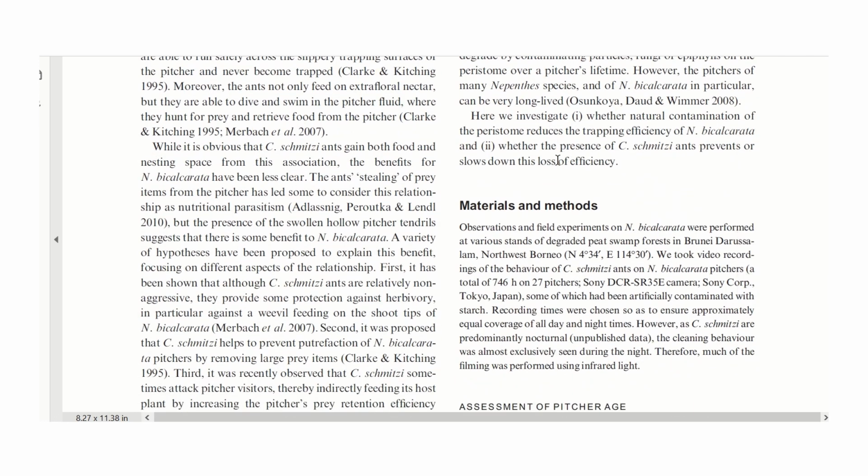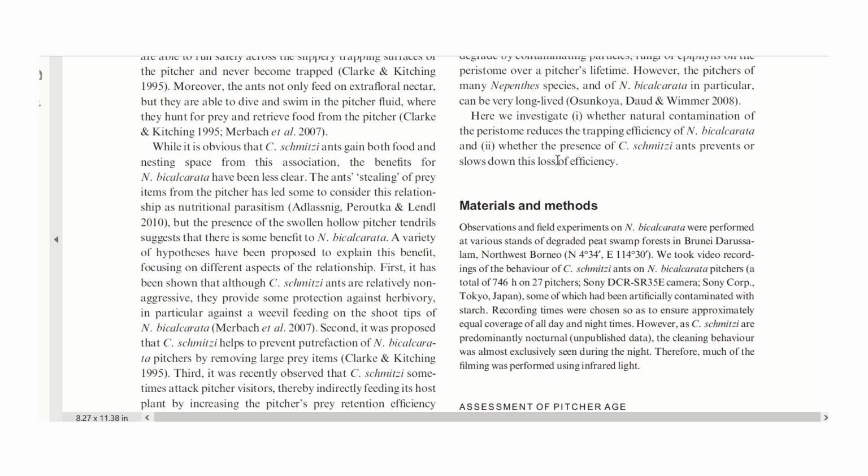In this last paragraph, just before the materials and method, but still in the introduction, they say, here we investigate whether natural contamination of the peristome, meaning the top or the mouth of the carnivorous plant, reduces the trapping efficiency of the N. bicalcarata plant, and whether the presence of the ants prevents or slows down this loss of efficiency.